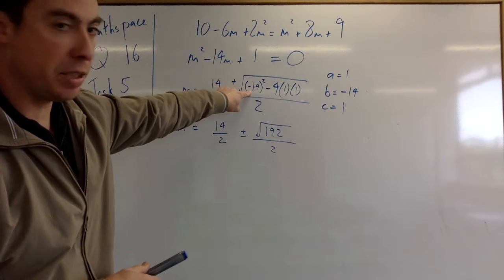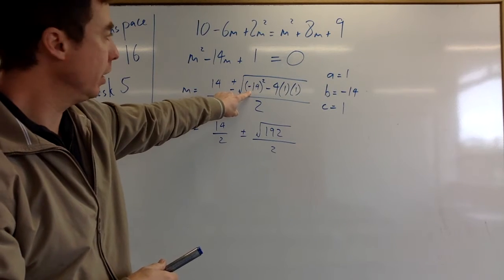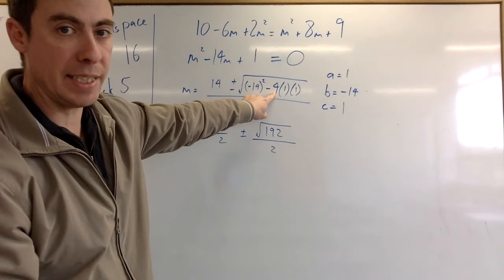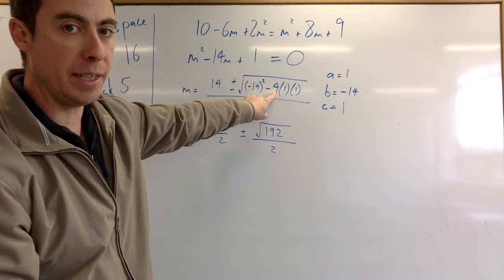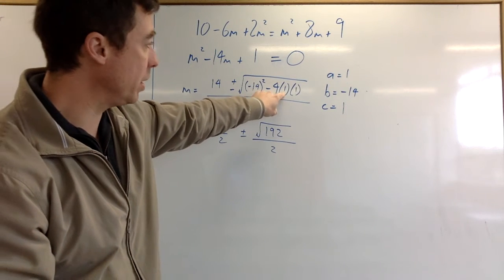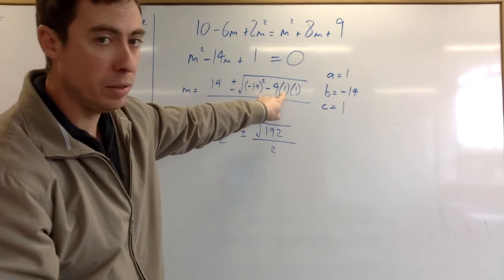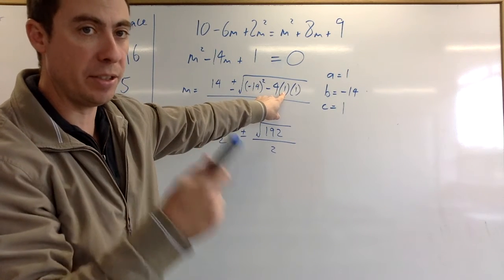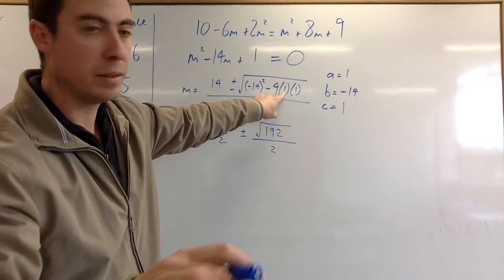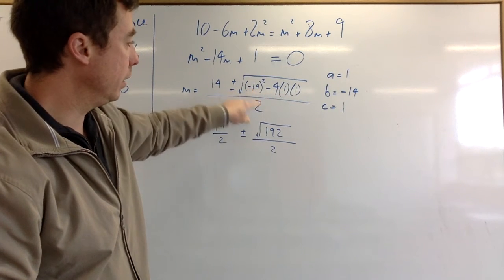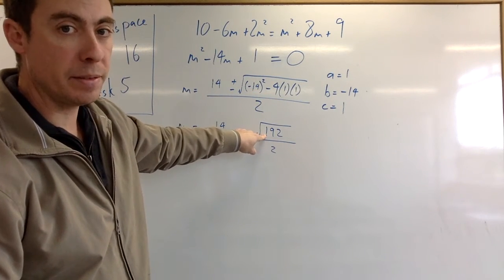So 14 squared is 196. The 4ac was really easy for this quadratic because I was just timesing by 1 and 1. So I got 196 minus 4, which is 192, square root.